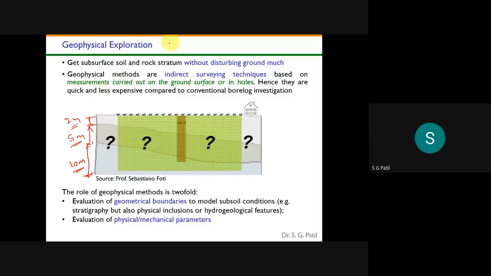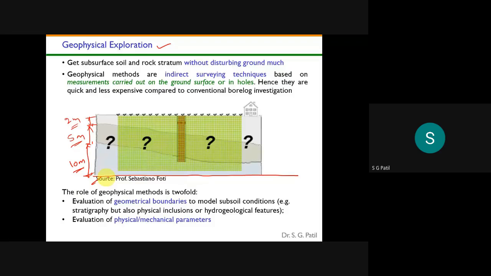Geophysical exploration will not give you accurate layers, but roughly it will tell you what the boundaries are, and it will also tell you roughly the depth of the bedrock.